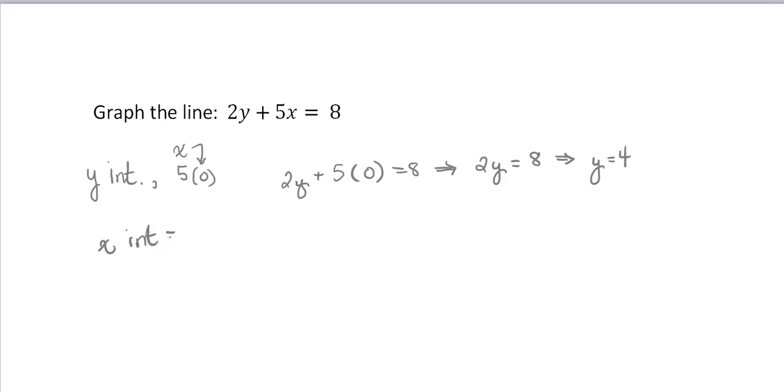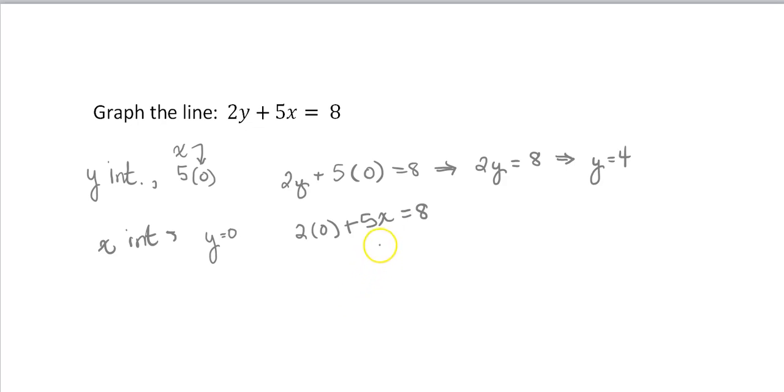In order to do the x-intercept, I'm going to have my y equal to 0. So I'm going to have 2 times 0 plus 5x equals 8.